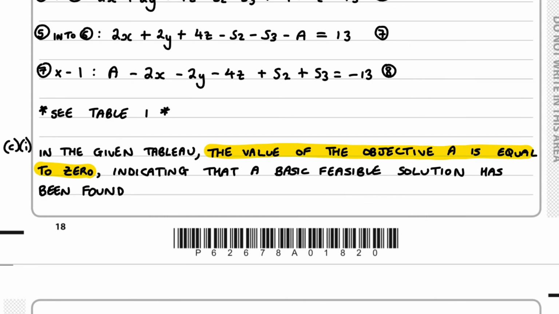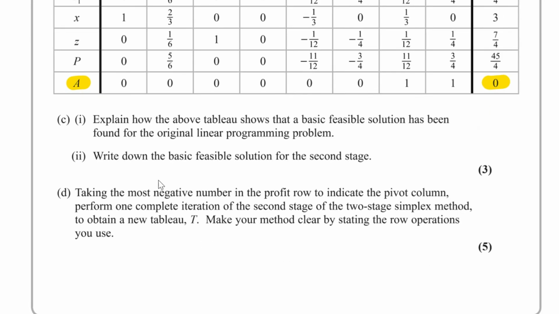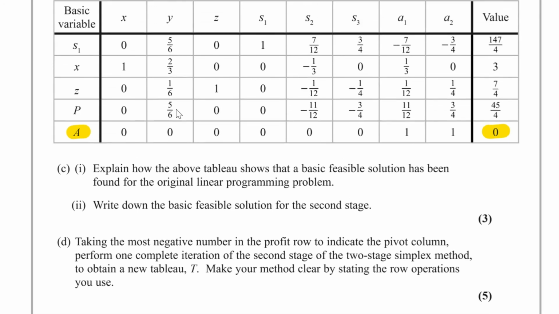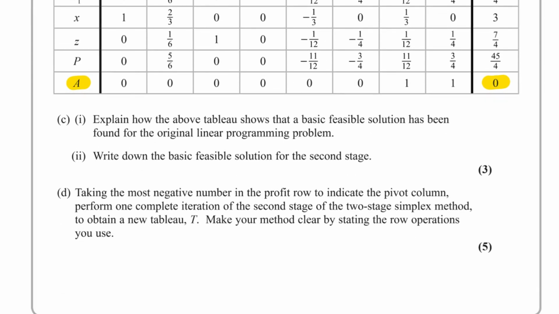And now for the next part of part C, write down the basic feasible solution for the second stage. Well, here we've got x equaling 3. So let's just write this down.